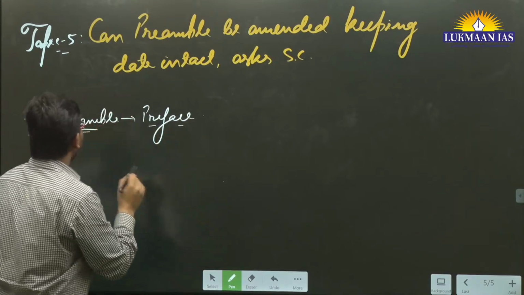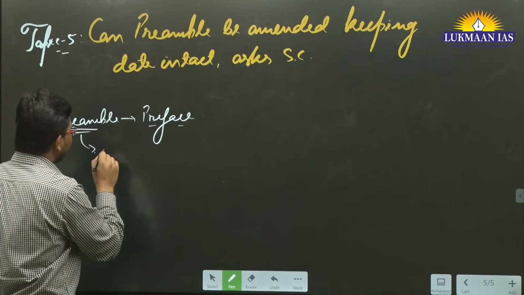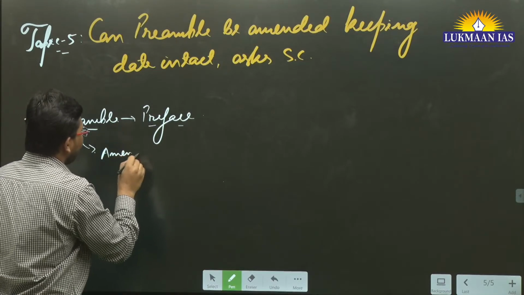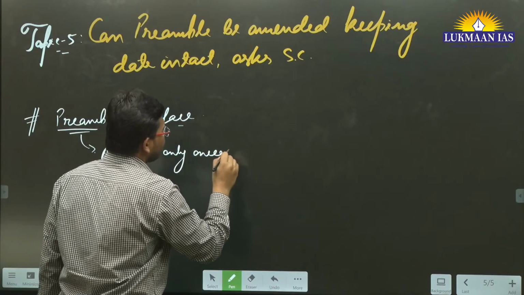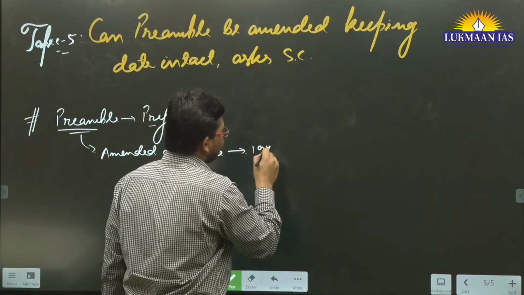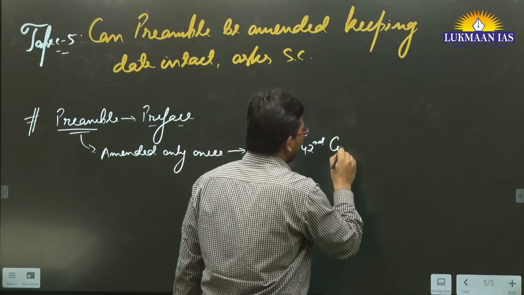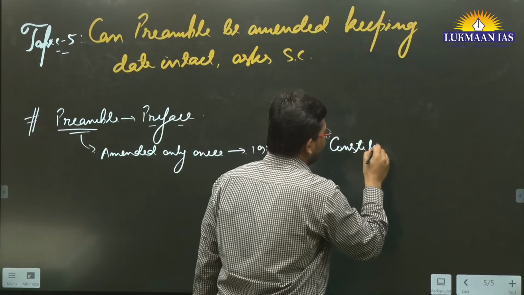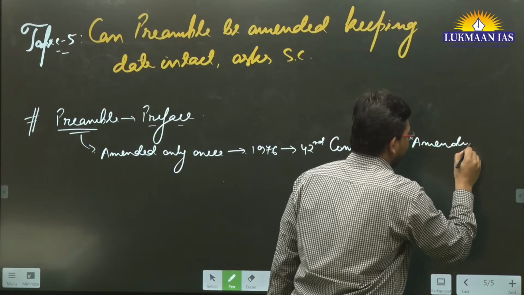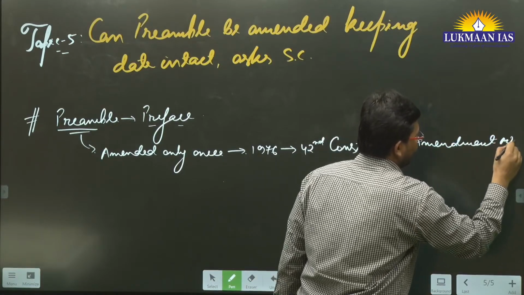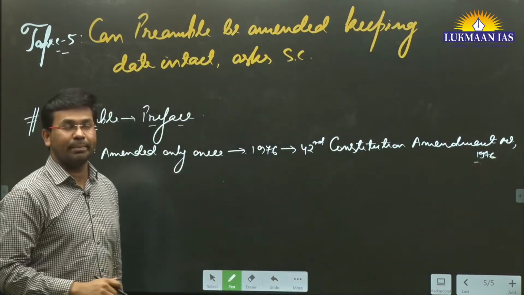And so far the preamble has been amended only once. It was amended in 1976, through the 42nd Constitution Amendment Act of 1976.